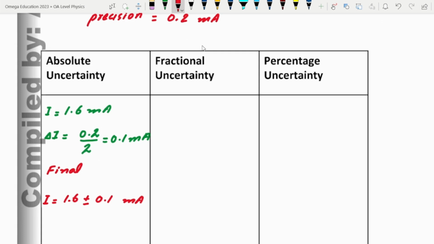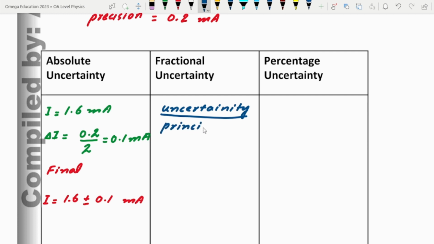So fractional uncertainty simply means you'll be writing the uncertainty in the form of a fraction. So it'll be the uncertainty divided by, as you would have guessed by now, the principal value.